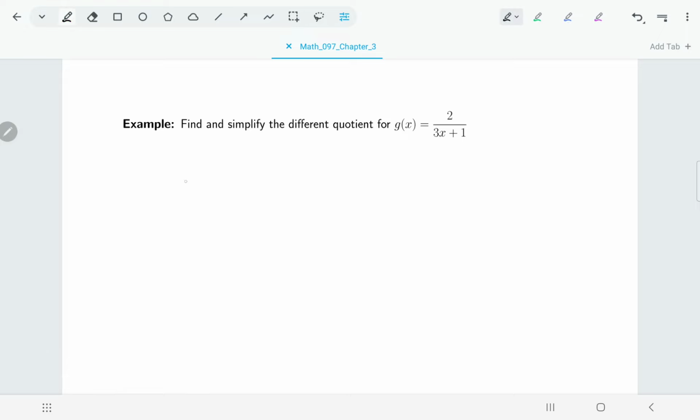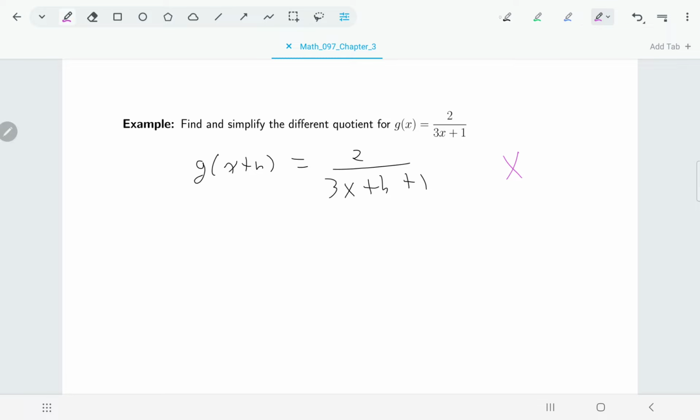The other common mistake that I'll frequently see is that when people are finding g of x plus h, they will just put in x and then put an h next to the x and then stop there. And this would also be wrong. The reason it's wrong is because, remember, when we're replacing our x with x plus h, we need to do so in brackets.